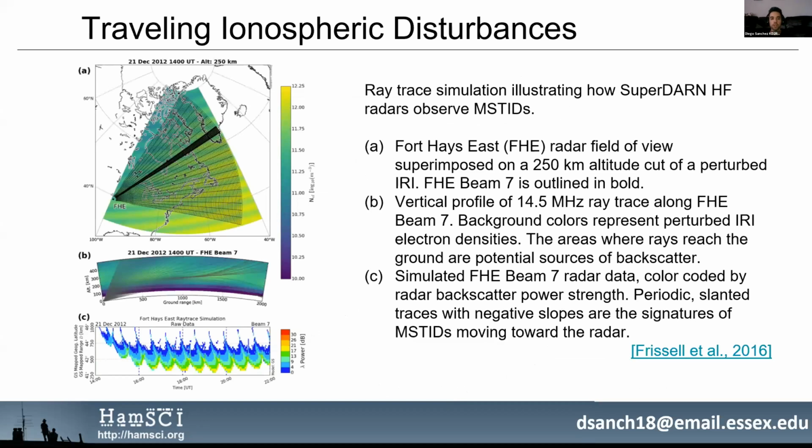This is a simulation of how a TID would be imaged with SuperDARN. Can everyone see my cursor? Okay. In image A, we have the various beams of a SuperDARN array, in this case Fort Hays East, and we're focusing on beam 7 right now.